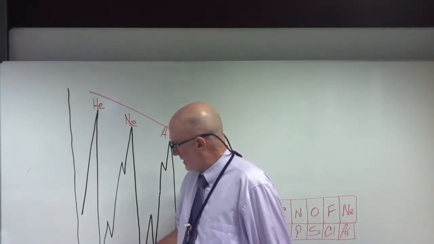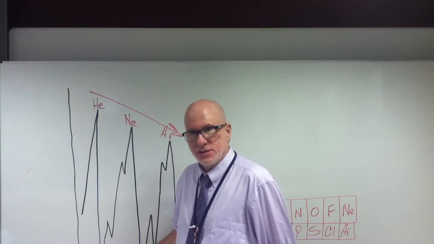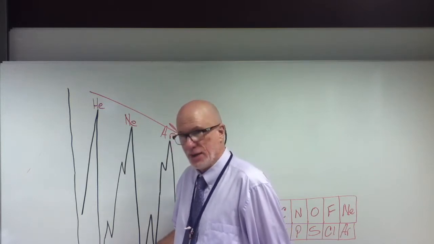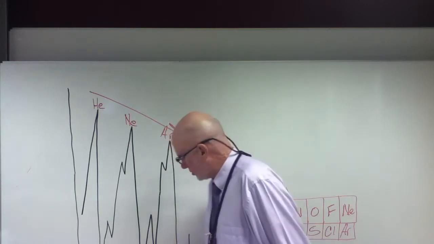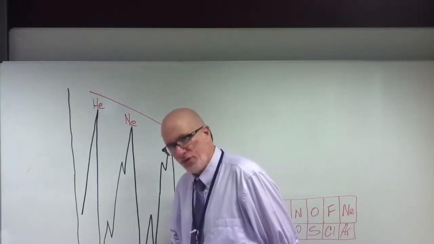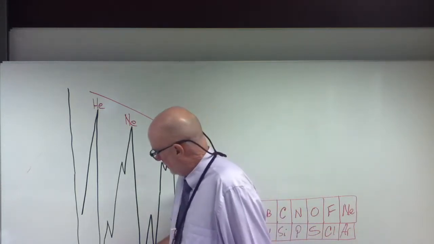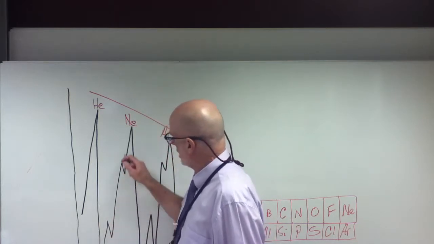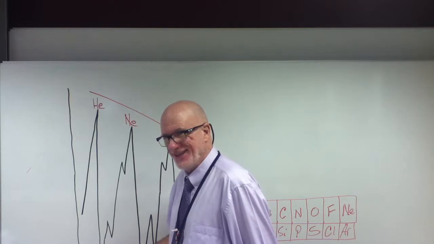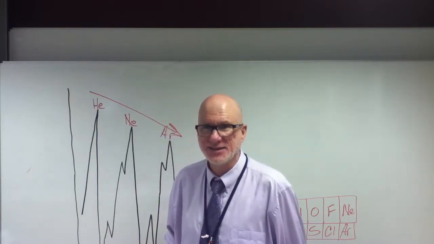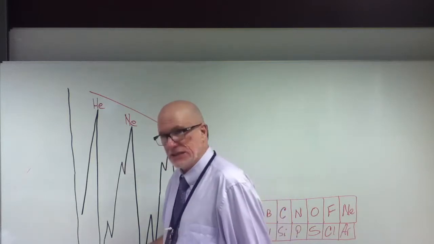This is lithium, right? So that's here. Now as I go this way, as you go 3, 4, 5, etc., look what's happening. What's happening to the general trend? So here's lithium, and here is neon. It looks obvious now, doesn't it?